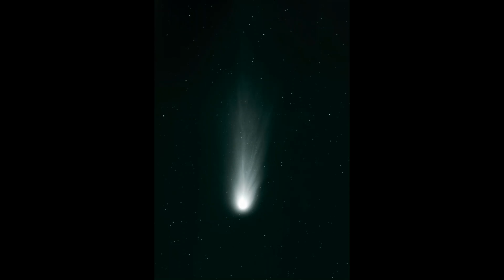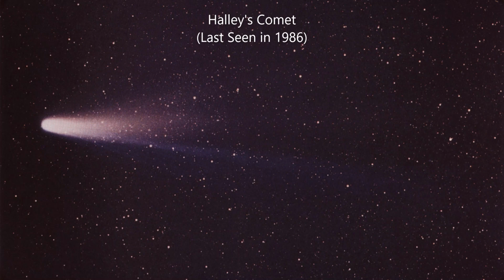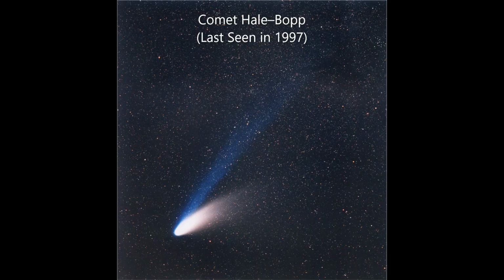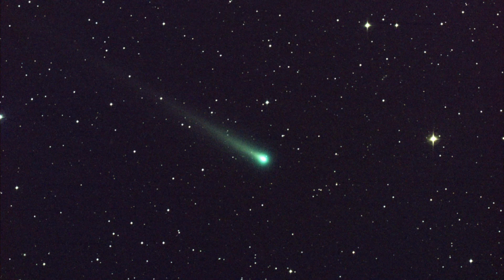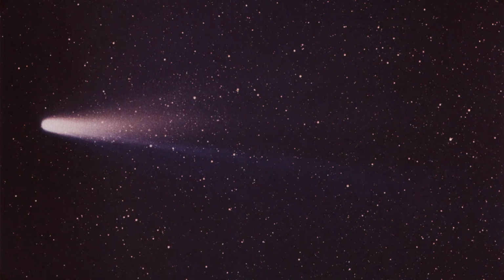There are so many comets that we have found. Some examples are Halley's Comet, Comet Hale-Bopp, Comet ISON, Comet Nucleus, and many more. Comets have been widely researched by astronomers since the comet known as Halley's Comet.